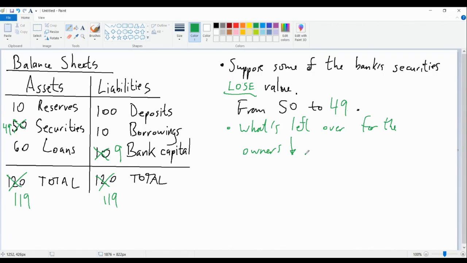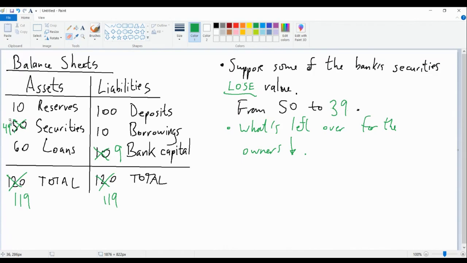Okay, now I want to do the same thing with slightly different numbers. Suppose some of the bank's securities lost value, and suppose that it wasn't from 50 to 49. Suppose it was a much bigger loss of value. Suppose it was from 50 to 39. What happens here?